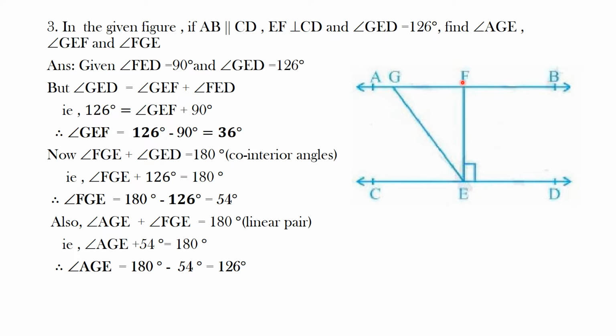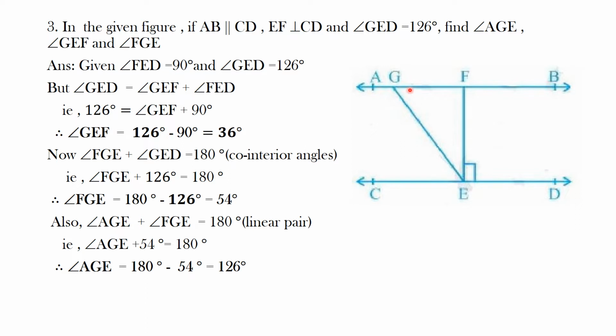Now we know FGE and GED are co-interior angles. We are given AB and CD are the parallel lines. Considering GE as the transversal, we can say FGE plus GED is equal to 180 degrees.